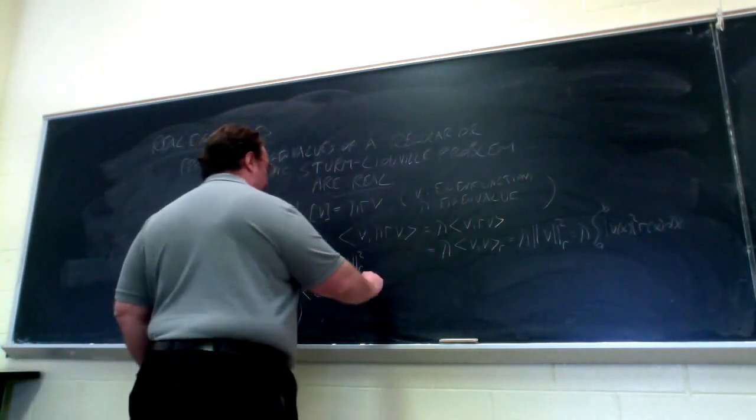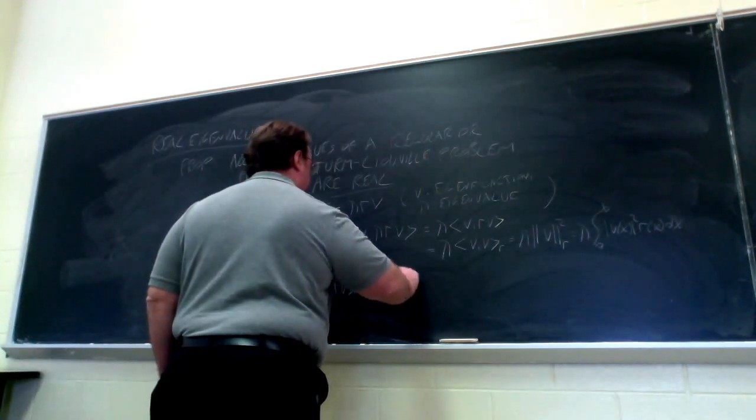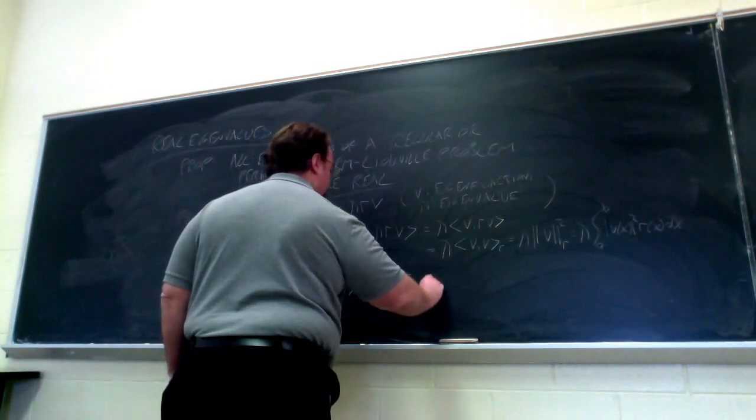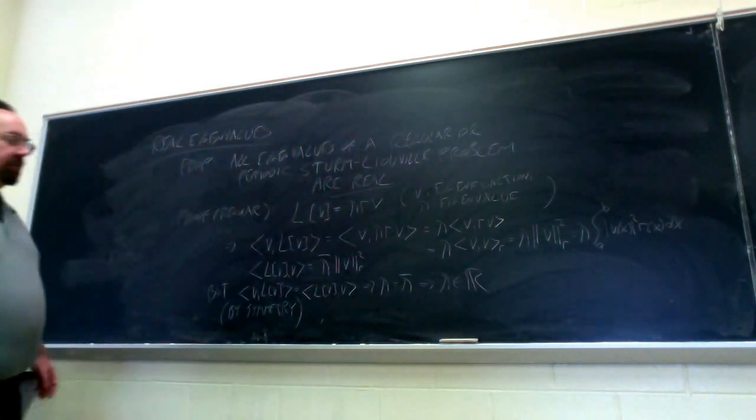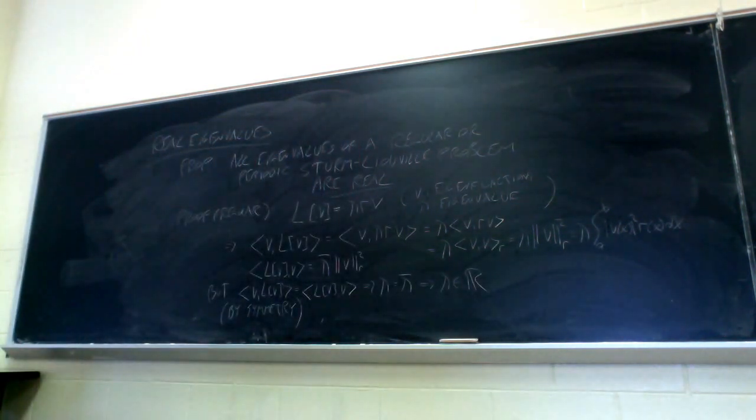That means lambda equals its complex conjugate, which only happens when it's a real number. So, nothing to it. The linear algebra counterpart: the eigenvalues of a symmetric or Hermitian matrix are all real numbers.